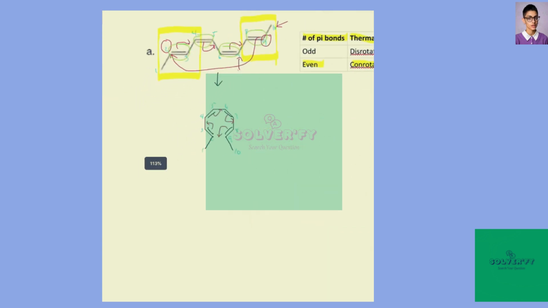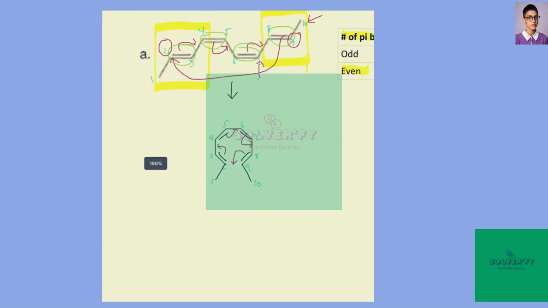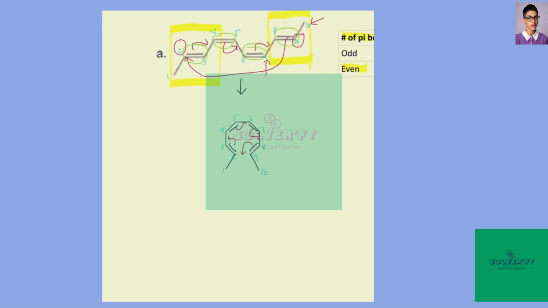Now that we know that, we can come back to what we are working on over here. So conrotatory would mean that this carbon number 1, if it goes in a clockwise direction, carbon number 10 is going to do the same thing. So let's see what that's going to look like. First of all, we have to close our ring. There we go. Again, let's number our carbons. 2, 3, 4, 5, 6, 7, 8, and 9.